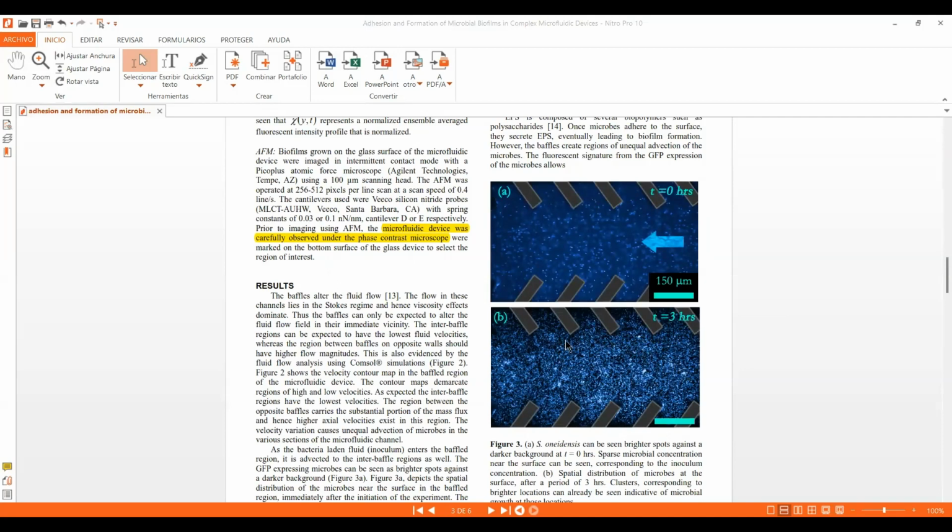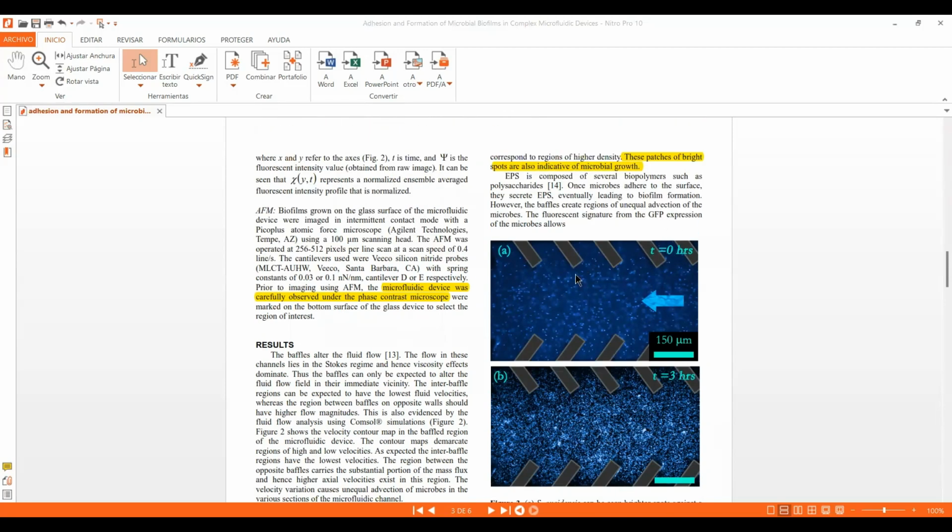Here we have more density of microorganisms. These patchy bright spots also indicate microbial growth. We can observe that here we have more bright spots than in this picture that was taken at the first hours of flow.